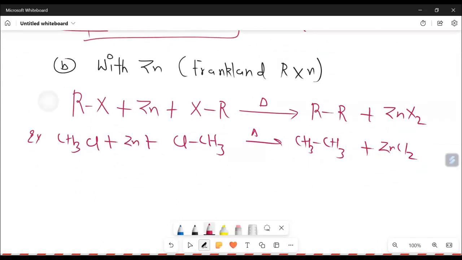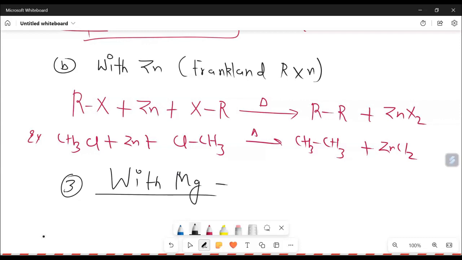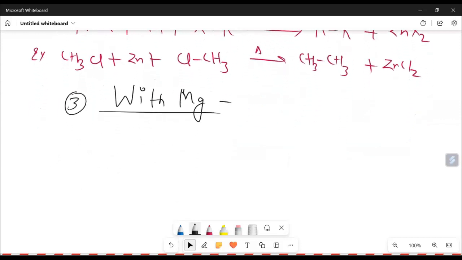You can write down. The third reaction will be with Mg. Whenever we are talking about Mg, the main reaction comes in our Grignard reaction, right? So this is the formation of Grignard reagent.